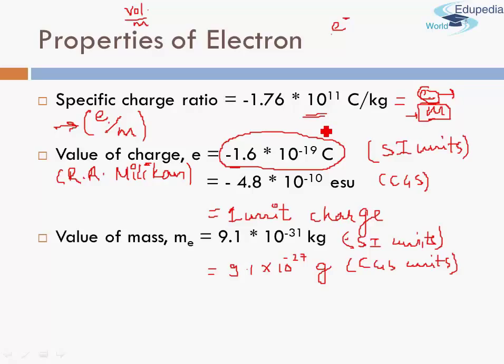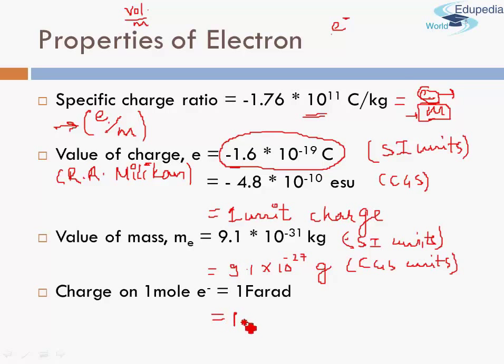But lastly, just one important note: charge on 1 mole electron is called 1 farad. You need to remember this because it's going to be important later on. So let's see it over here. Charge on 1 mole electron. I know the charge on 1 electron is 1.6 multiplied with 10 to the power minus 19 coulomb. So what will be the charge on 1 mole electron?